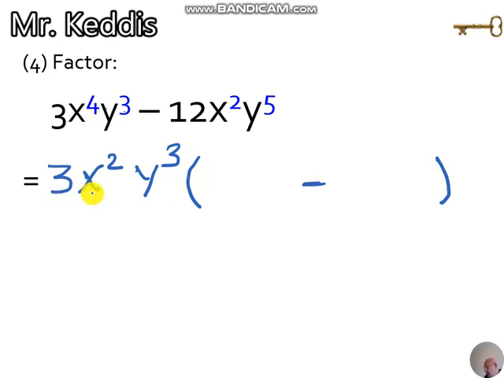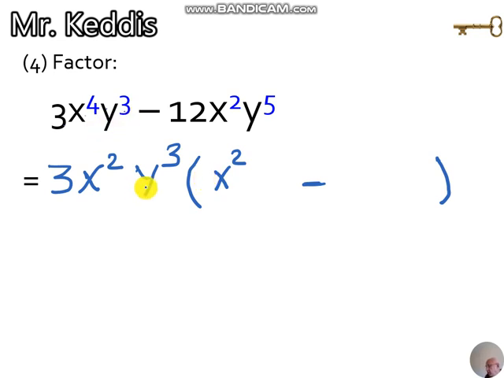But x squared times what to get x to the power of 4? x squared. y cubed over y cubed is gone. And also when you divide here, 3x to the power of 4 divided by 3x squared, I cross 3 with 3. x to the power of 4 over x squared, I subtract the exponent, I get x squared.